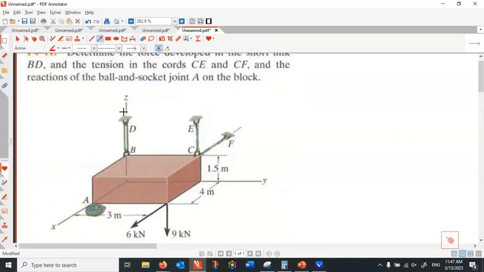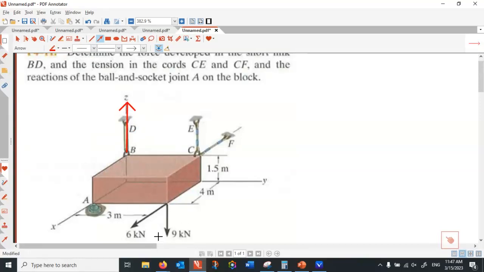DB, this is a short link. The short link is a two-force member. A two-force member is like a cable. The only difference is it takes both tension and compression. Because this structure is hanging and the forces are applied downward, it's not difficult to find out that this puts my member in tension.